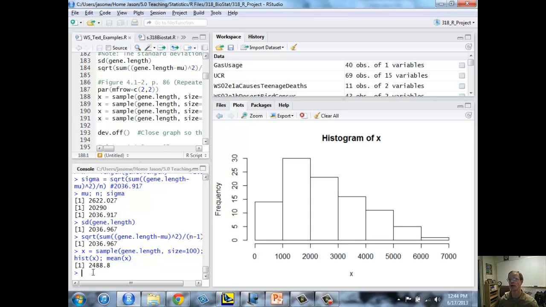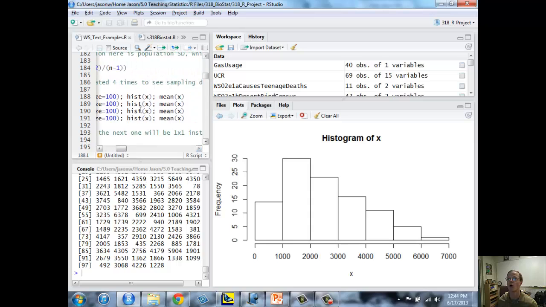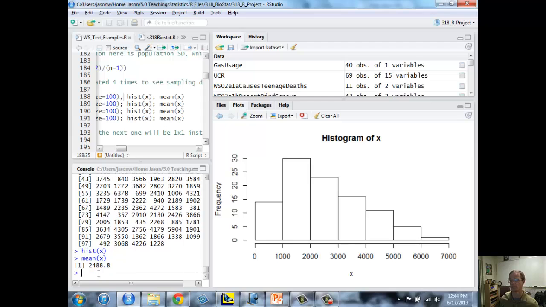So if I just pop out here x, there it is. Then I tacked on a couple of other commands. I said also, separated by a semicolon, do a histogram, and then calculate its mean. Cool. Okay, histogram. There it is, and then mean, there it is, 2,488.